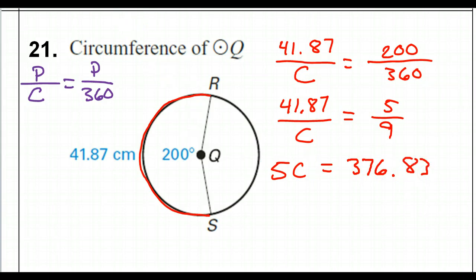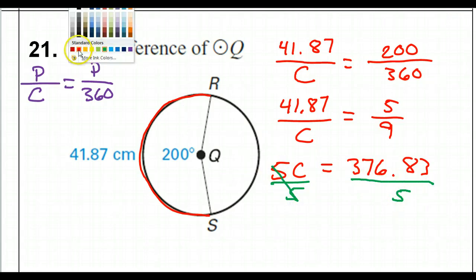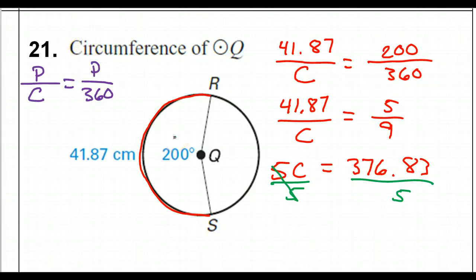Then we just need to divide by 5. So divided by 5, okay, I'm getting 75.366. So it's just a matter of where you're going to round it.